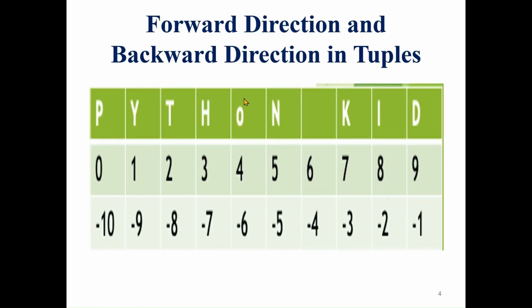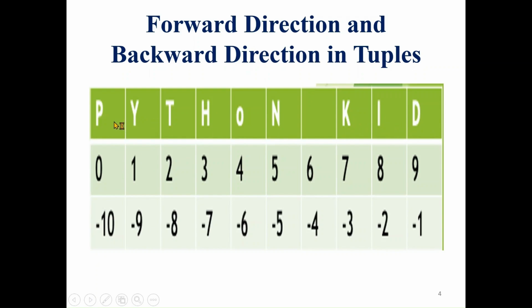Okay. Now here we have the forward direction and backward direction in tuples. That implies we can move in the forward direction, from left to right, for accessing the elements. Similarly, I can start accessing the elements from last to first also. So you can see I have Python and KID.